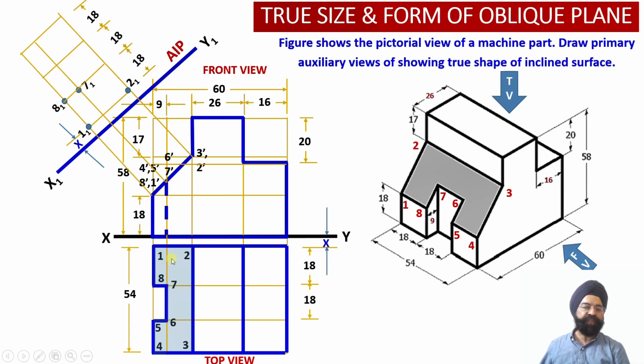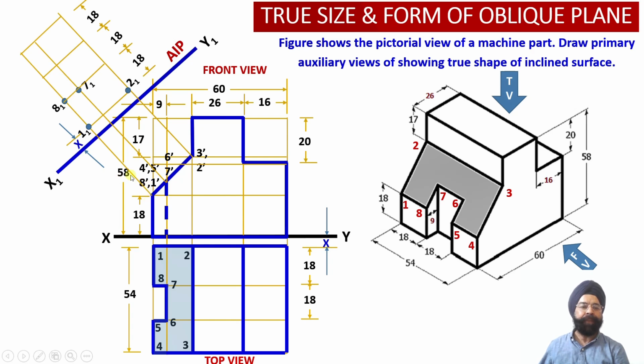Similarly, as we proceed further, we are going to obtain these 2 points 5 and 6 over here. These 2 points 5 and 6 are lying with respect to this vertical plane at a distance of x plus 36 millimeter. So here we have the projection line corresponding to point 5 dash.